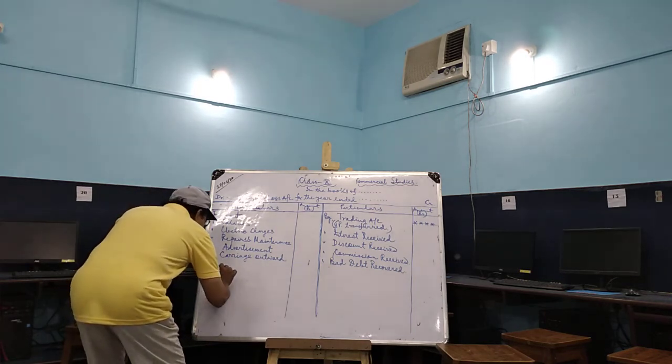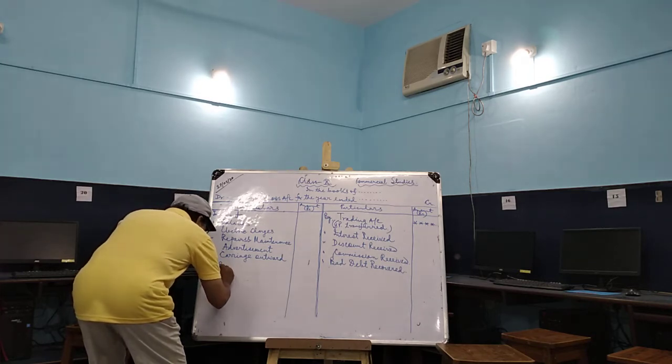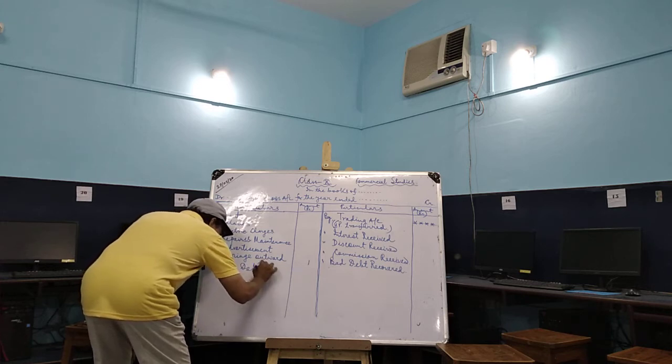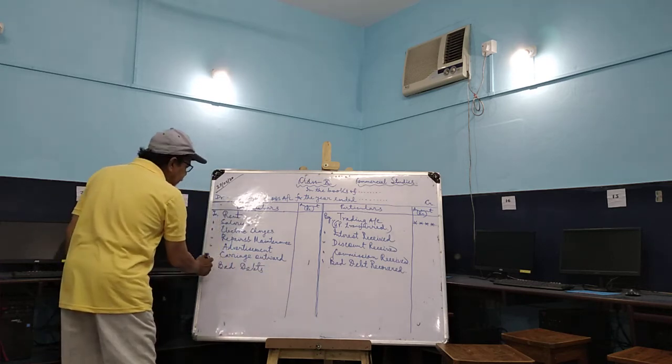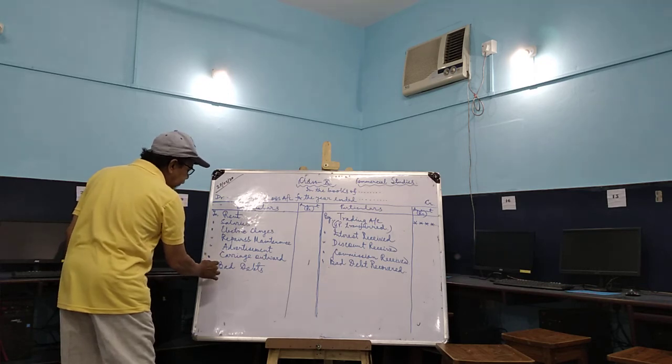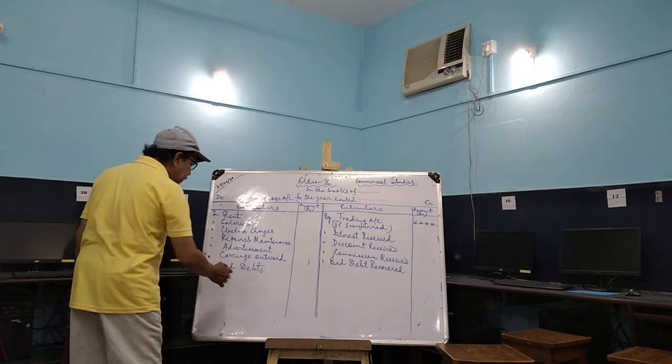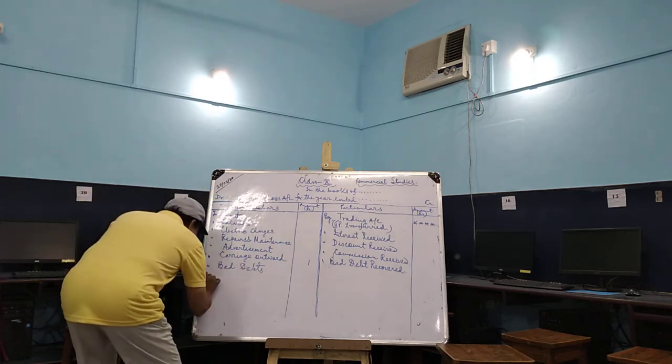Then comes bad debt statement. Some authors consider this bad debt item as selling expenditure, some as a financial expenditure. Renting it.